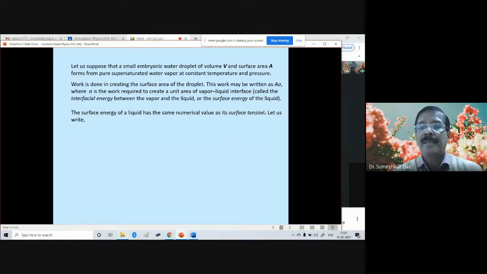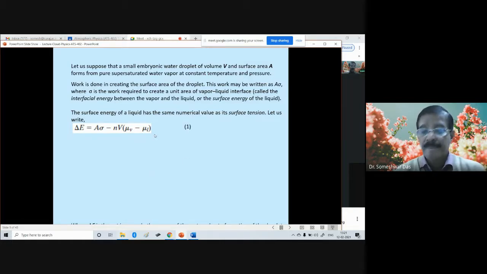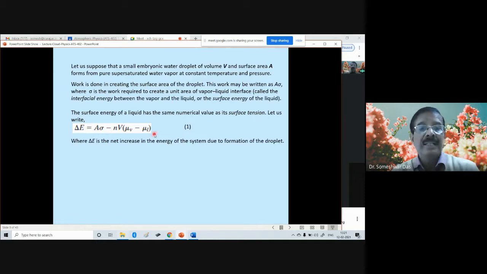Now let us write del E is equal to A sigma minus N V times (mu V minus mu L), where del E is the net increase in energy of the system due to the formation of the droplet.